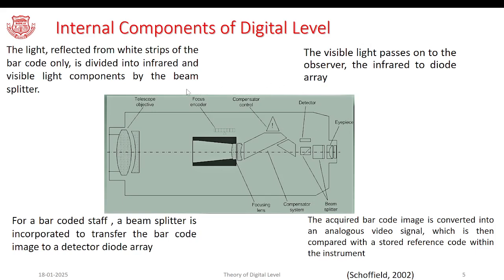Here, the light as reflected from the white strips that are provided on the barcoded staff are received at the sensor end, and these are divided into infrared and visible light. The visible light passes to the observer, whereas the infrared portion of it is received by diode arrangement.